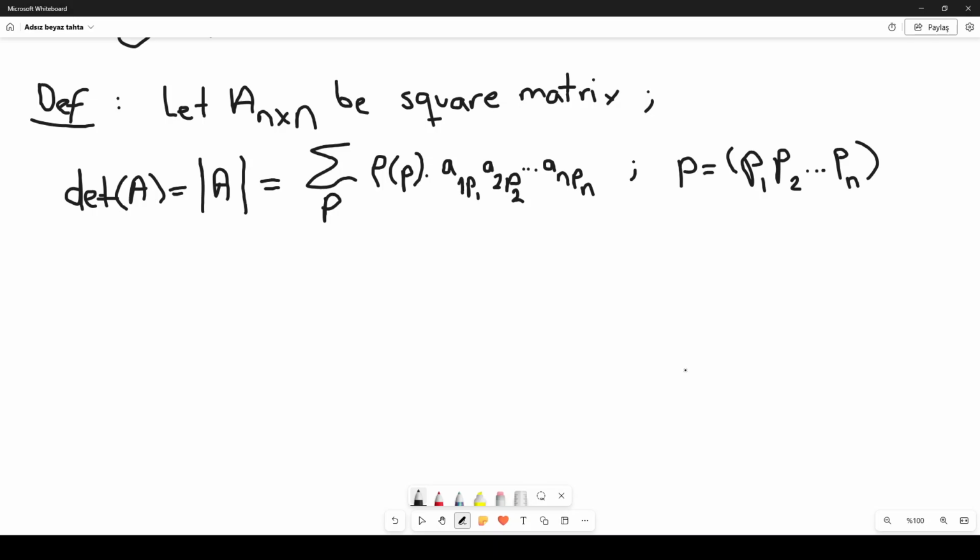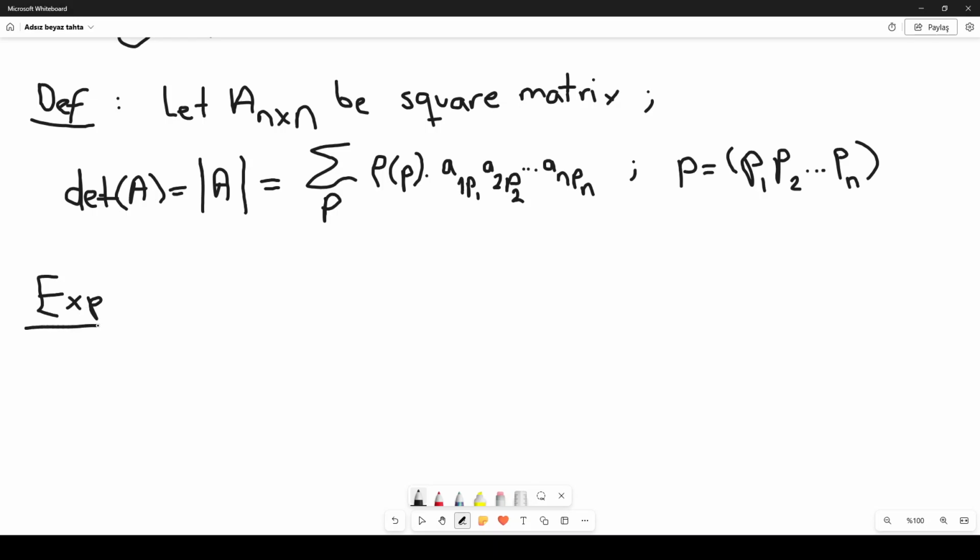That's why we call it a square matrix, and only in this case are we able to find a determinant. And to find a determinant, let's see how we can apply this definition.